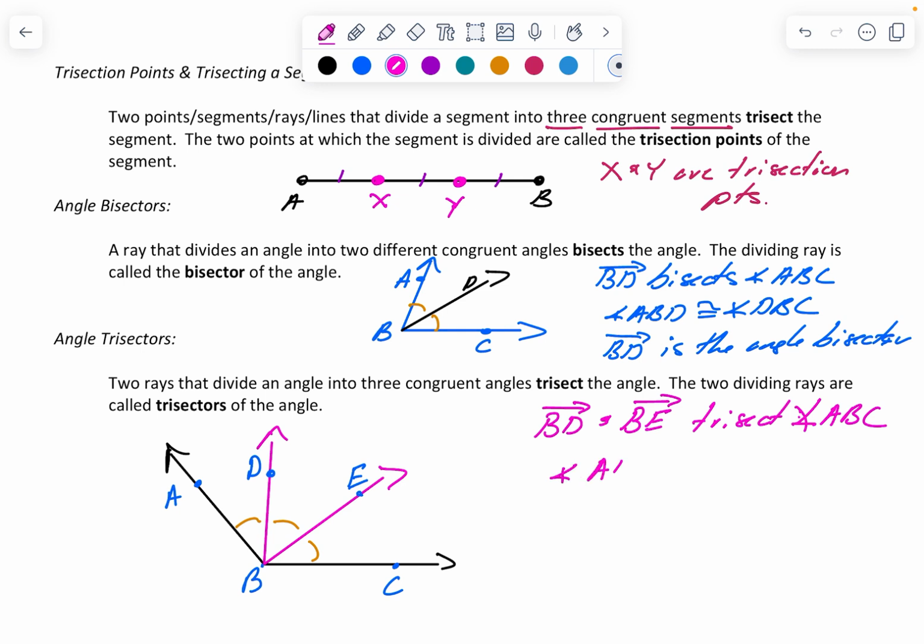Angle ABD is congruent to angle DBE, and angle DBE is congruent to angle EBC. And BD and BE are angle trisectors.